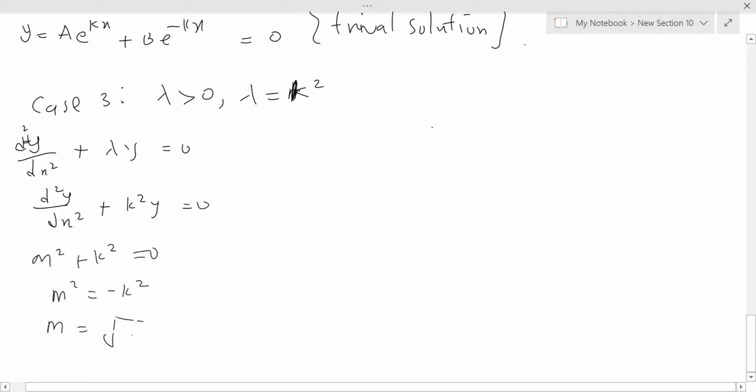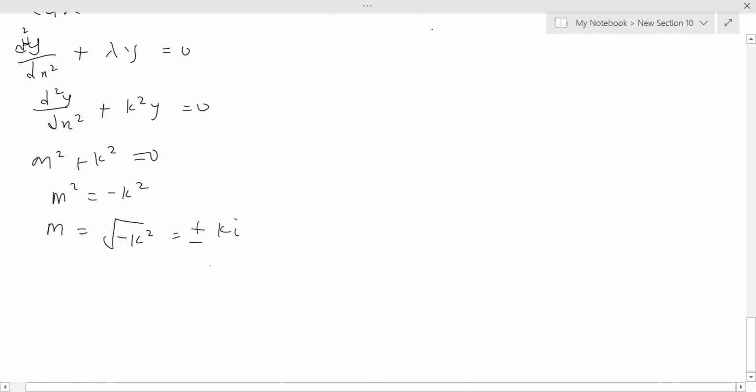So you take the square root of minus k squared. This will give you a complex solution, which is plus and minus ki. You know from the previous lectures, if you have a complex solution, this will be your general solution.